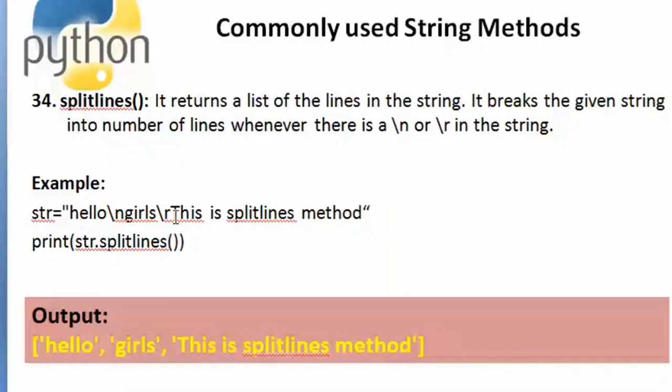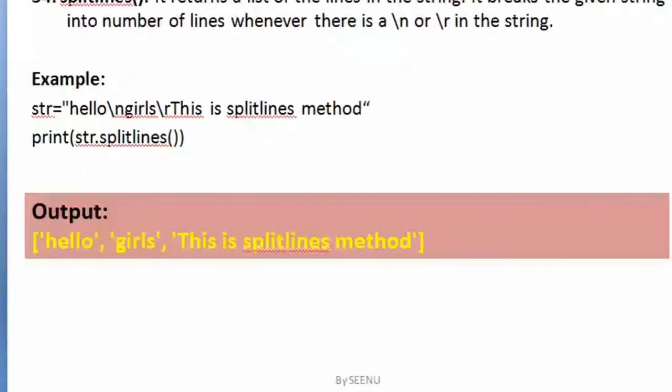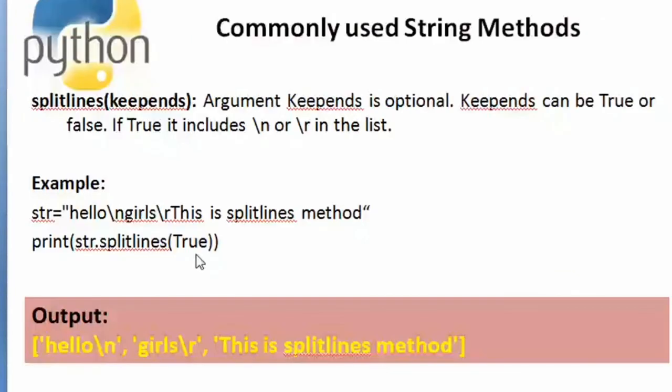If I say true, it means that \n and \r also need to be included in the text. If it is false, they are removed. If it is true, the \n and \r are also included in the elements. Is it clear, the true and false of keepends?